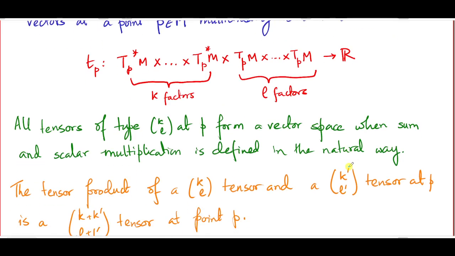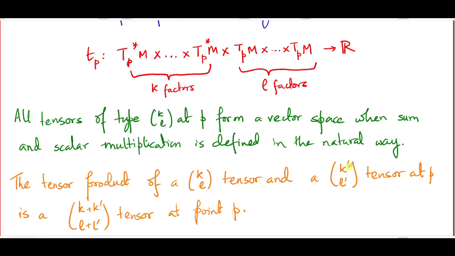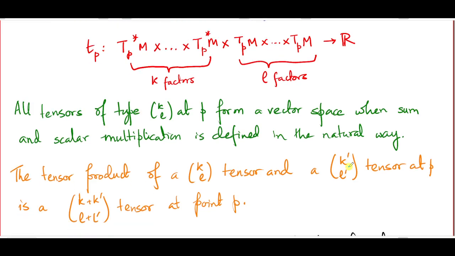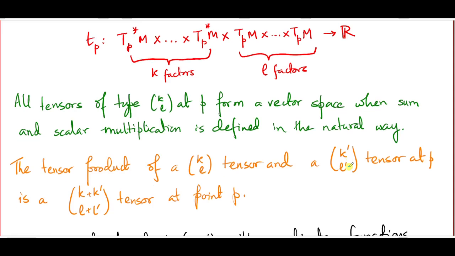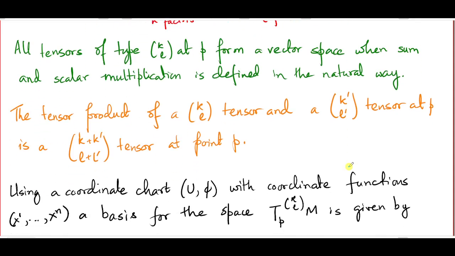Another important operation that we need to talk about is the tensor product of a (k,l) tensor and a (k',l') tensor. This is going to give me a (k+k', l+l') tensor at the point p in the rather obvious manner in which you have a map here which takes k+k' covectors and l+l' vectors and maps them to a number.